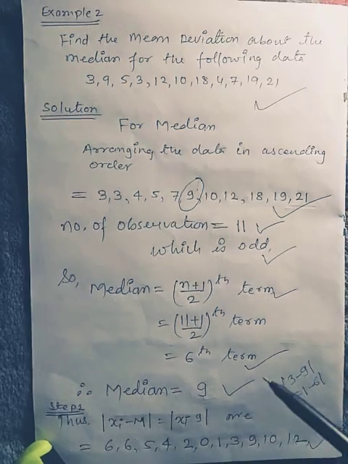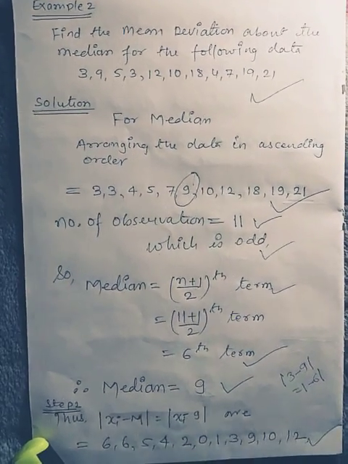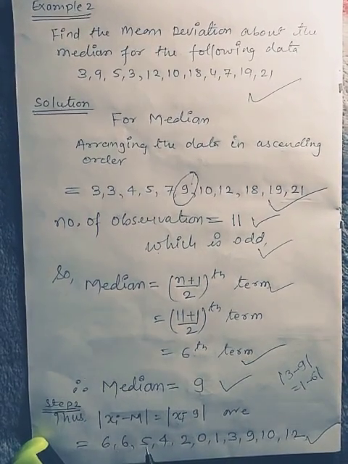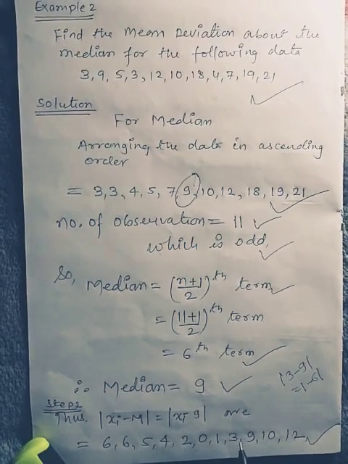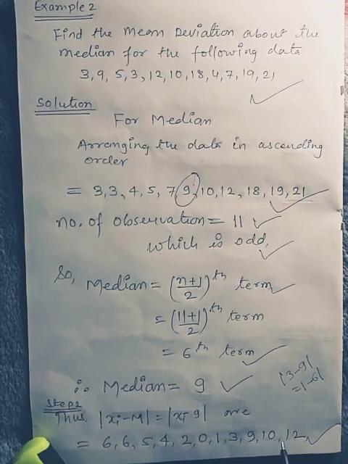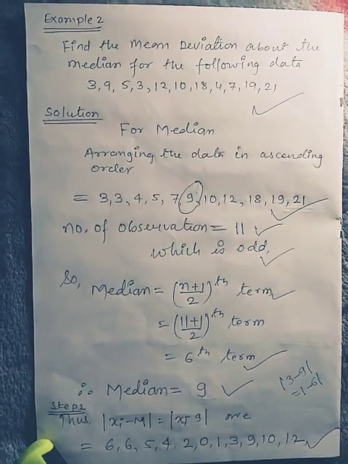In a similar way we find these values are 6, 6, 5, 4, 2, 0, 1, 3, 9, 10, 12 respectively.